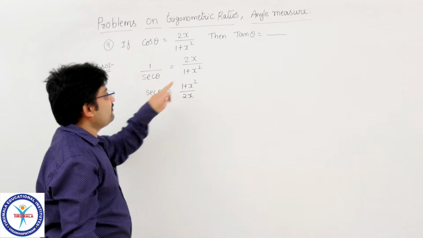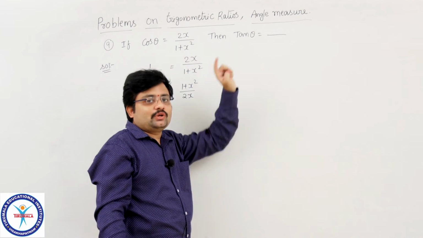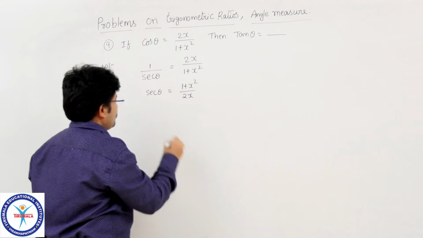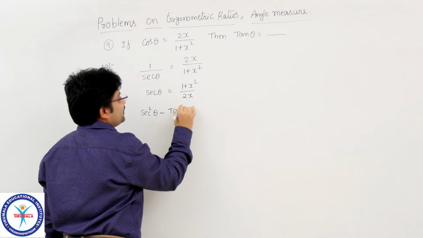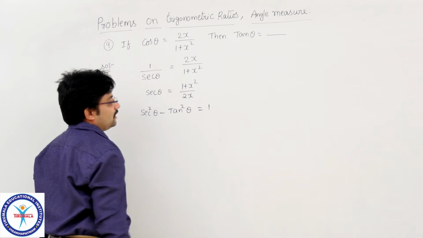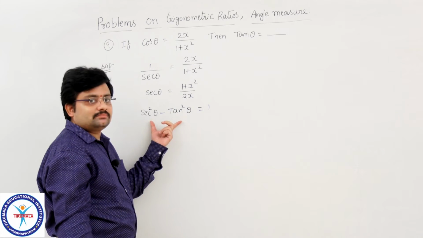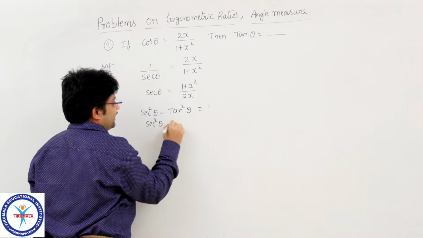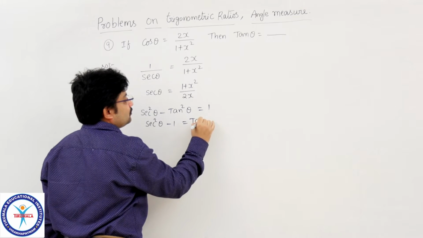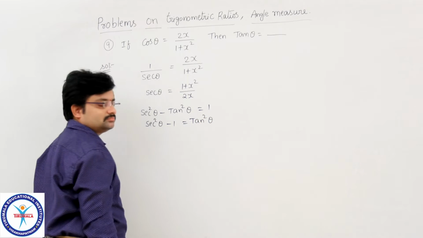Is there any relation between secant and tan in the trigonometric identity? Yes. Secant square theta minus tan square theta is equal to 1. So, from this, secant square theta minus 1 is equal to tan square theta.